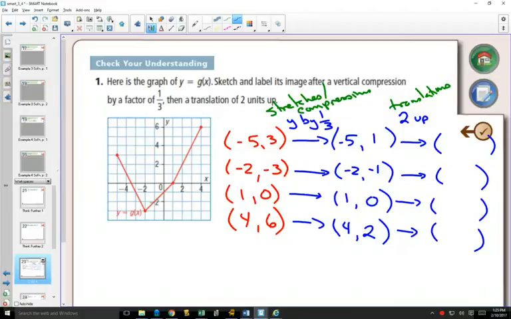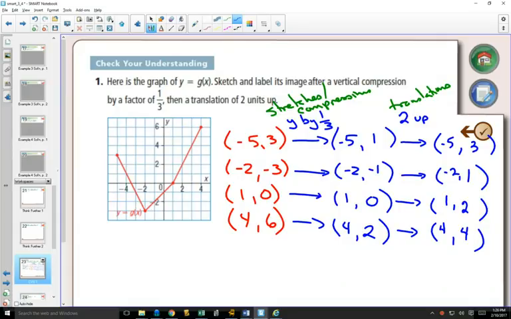You're going to multiply wrong or add wrong. So when you get your final graph, you always want to do a check to see, does it seem like it's the right shape in the end? Finally, 2 up, again, that will not affect any of our x values, but we'll add 2 to each of our y values.